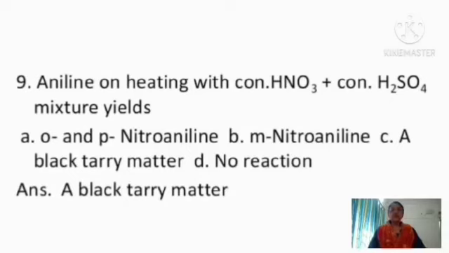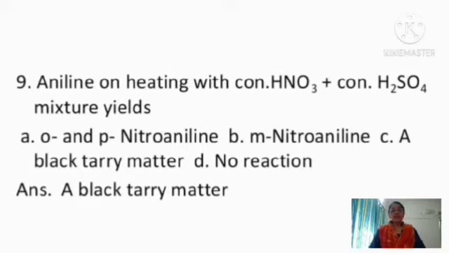Coming to the ninth question: aniline on heating with a concentrated nitric acid plus concentrated sulfuric acid mixture yields: A option ortho and para-nitroaniline, B option meta-nitroaniline, C option a black tarry matter, D option no reaction. Here, when aniline is directly treated with the nitrating mixture, that is concentrated nitric acid and concentrated sulfuric acid, there is a chance of oxidation of the aniline, and that means a black tarry matter will be obtained.